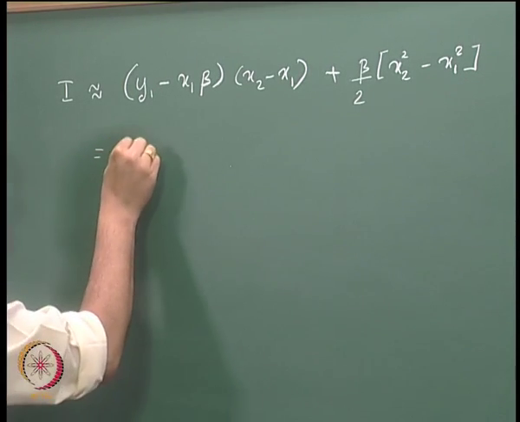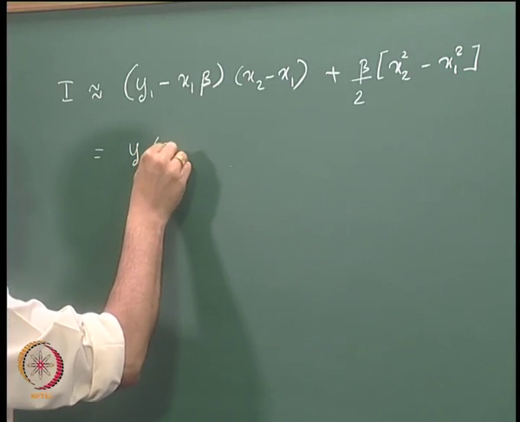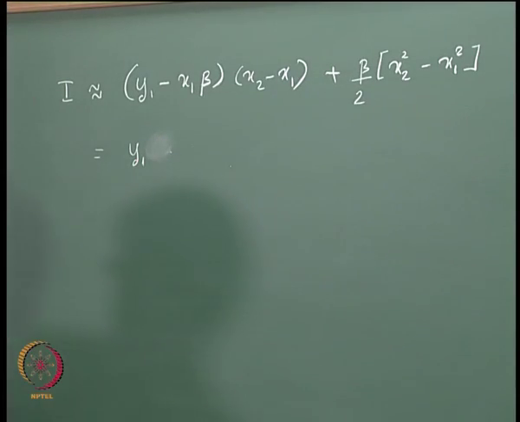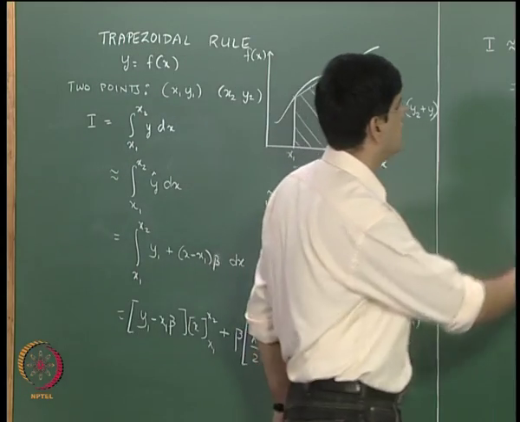I will just write it down. We have y1 multiplied by x2 minus x1, I will call that h. x2 minus x1 is this distance h, so I will substitute that over there.